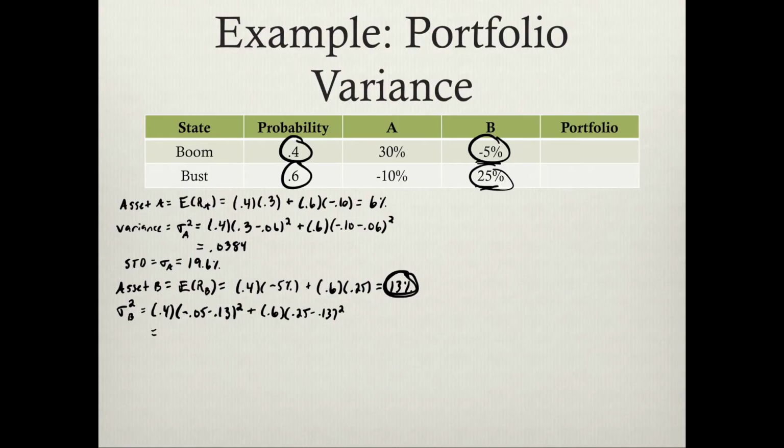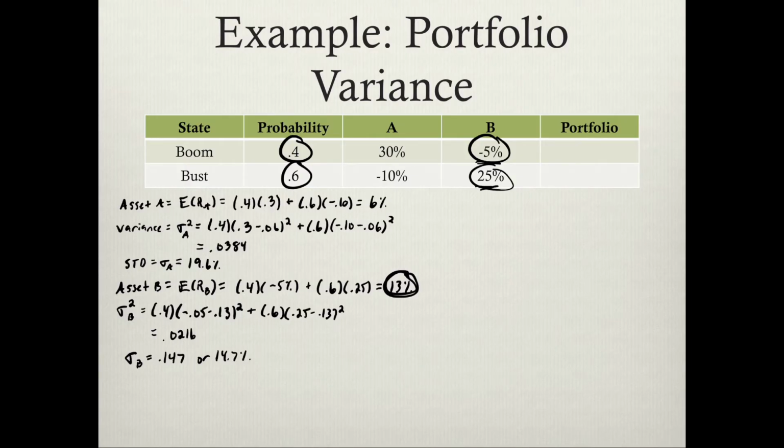We end up getting a variance of asset B equal to 0.0216. You may want to do each individual product and then sum them together. I'm just giving you the final answer here. Take the square root of this for the standard deviation of asset B, and we get a standard deviation equal to 14.7%. You would have gotten 0.147 or 14.7% as your standard deviation.